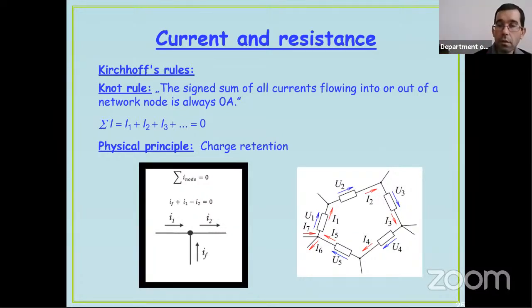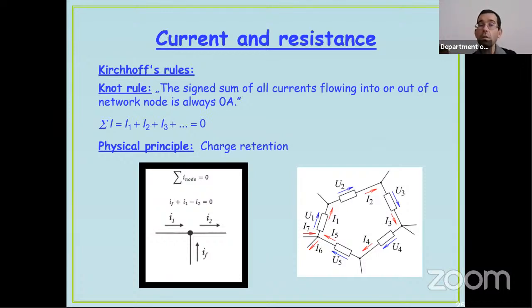And if we combine electrical components in order to form an electrical circuit, then we can state higher level connections between the currents that flow through the individual components and the voltages that can be measured between the connections of each component.